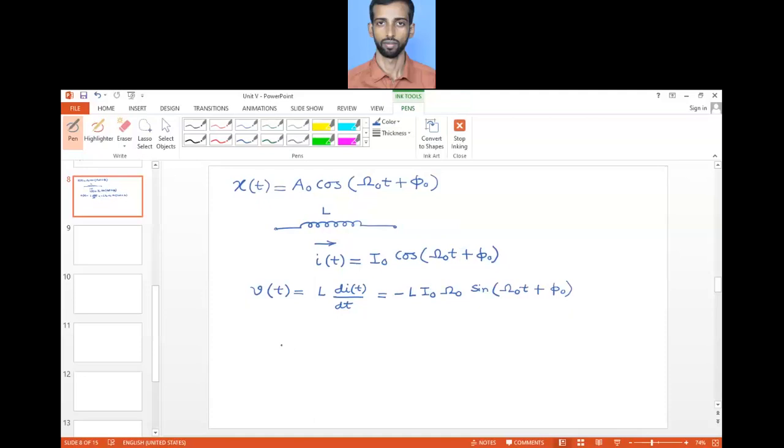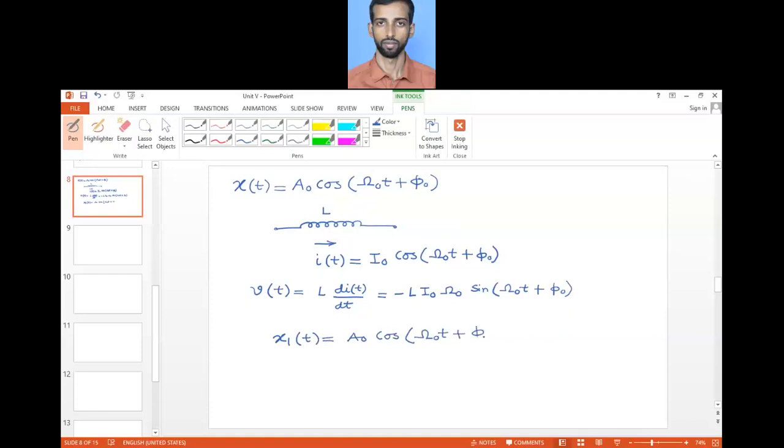So what I mean to say is that you have a sinusoidal signal x1 of t, given by A naught cos of omega naught t plus phi naught.